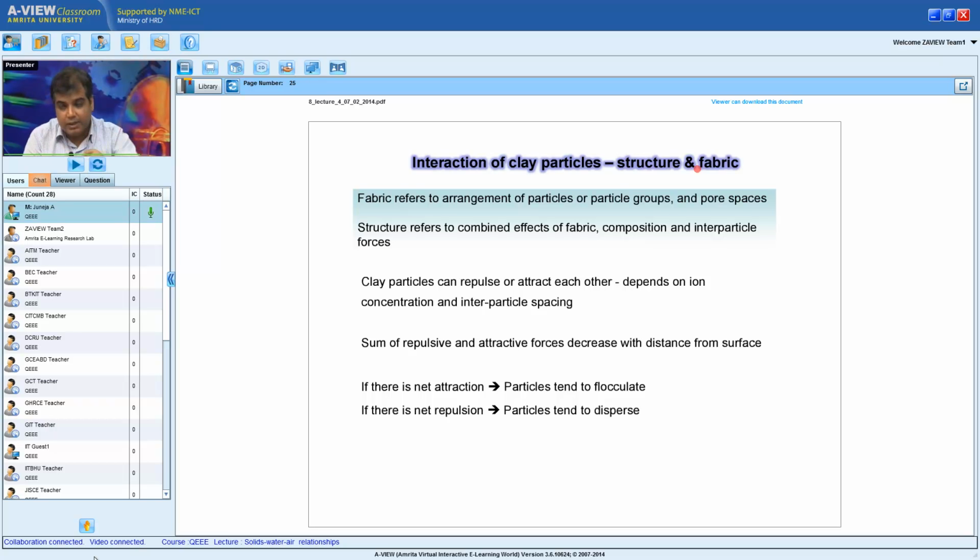So once we do this compaction test at some time in the next lecture, we would be interested in the arrangement. So for those people, fabric is important because they just like to look at arrangement. But in case you are keen on arrangement as well as the particle forces, you would speak about structure.